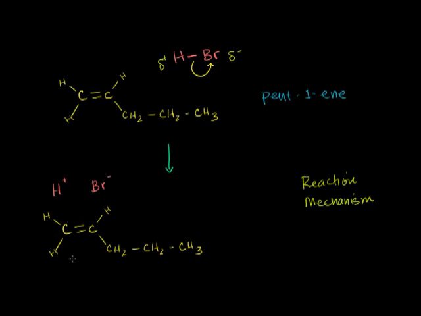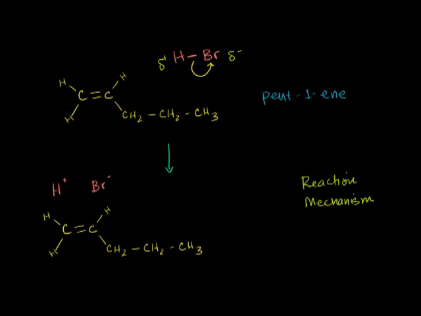And now what is likely to happen? Well, I have this alkene here, this pent-1-ene. It has this double bond, and in this double bond you have 2 electrons. Maybe one of these electrons will be attracted to the hydrogen, and then essentially making one of these 2 carbons, I guess you could view it naked on some level. It won't have all of its electrons anymore.